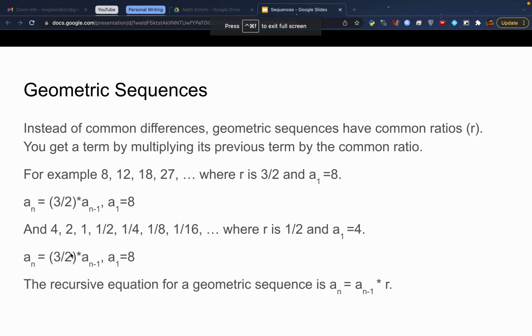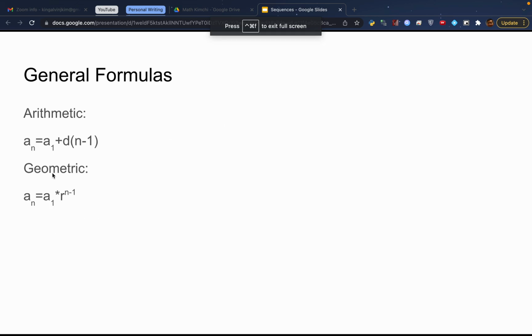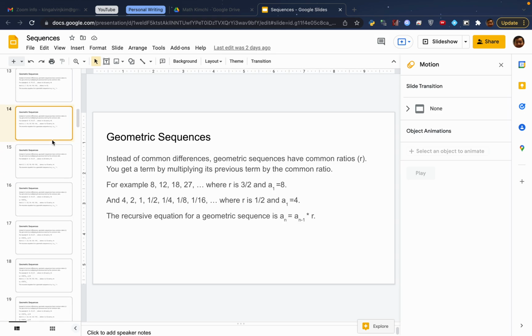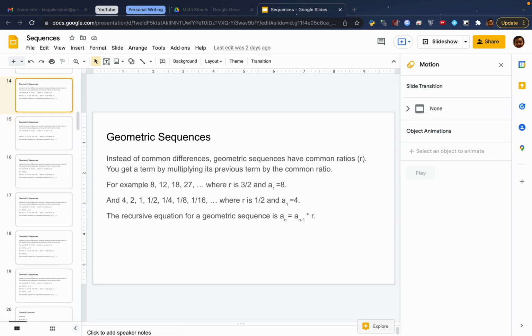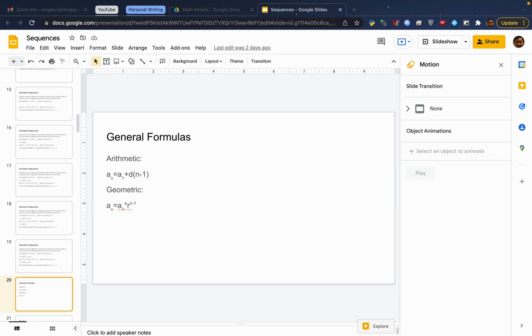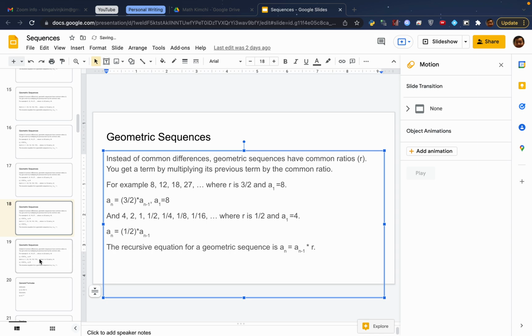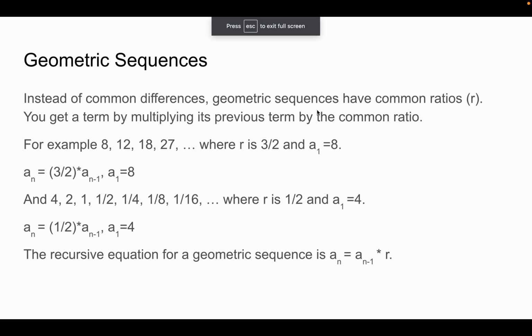It should be 1/2 times an minus 1, and a1 should be 4. So this is the recursive equation for this geometric sequence.